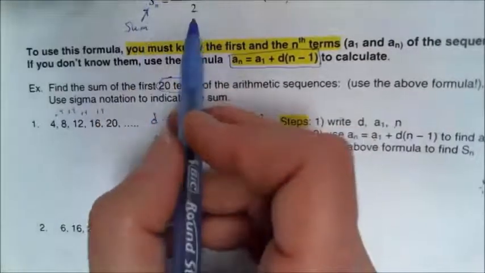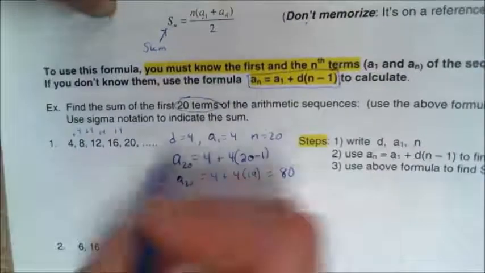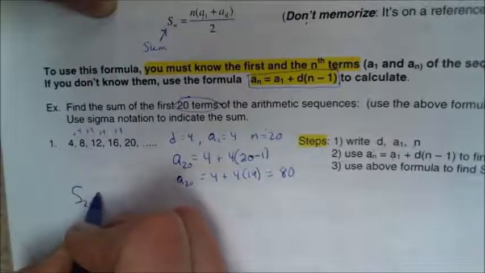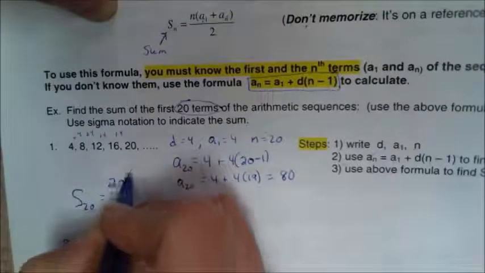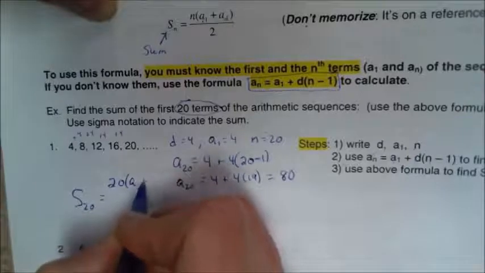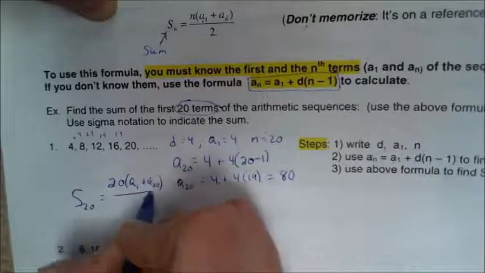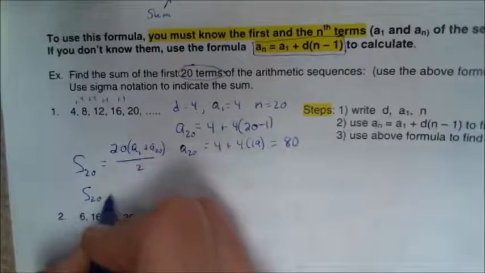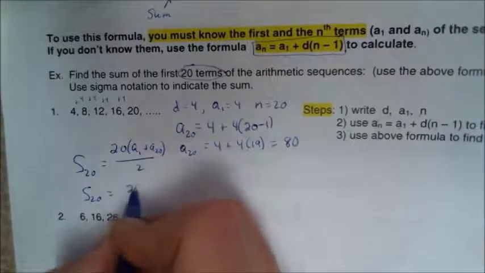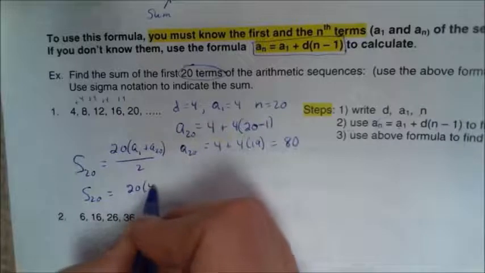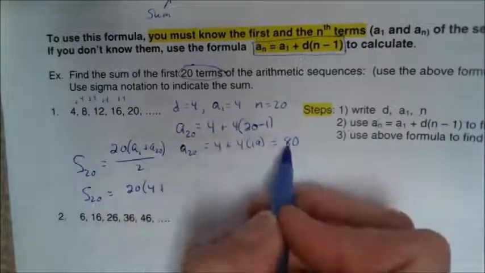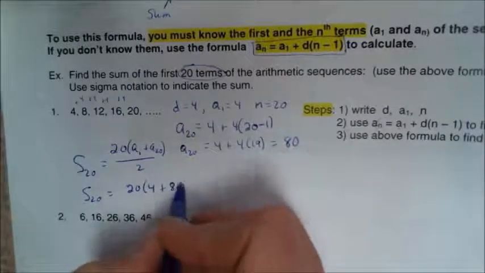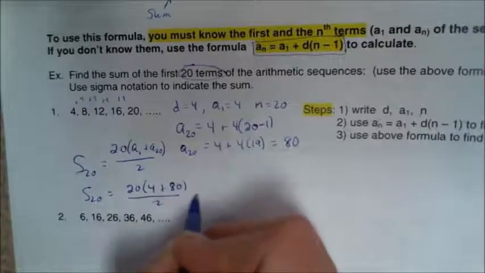So that's the second step. Now we're going to use this formula up here. S20 is equal to 20 times the first term plus the 20th term all over 2. So the sum of the first 20 terms is 20 times the first term, 4, plus the 20th term, 80, all over 2.